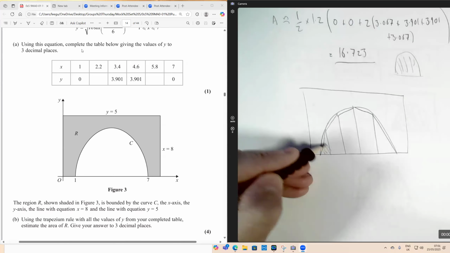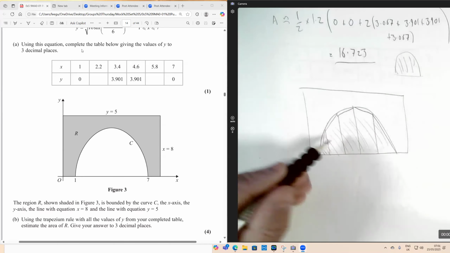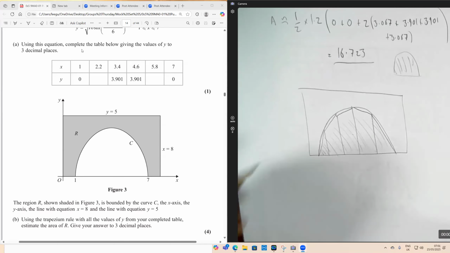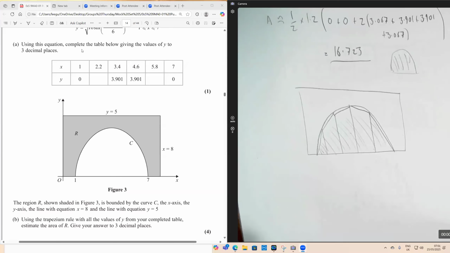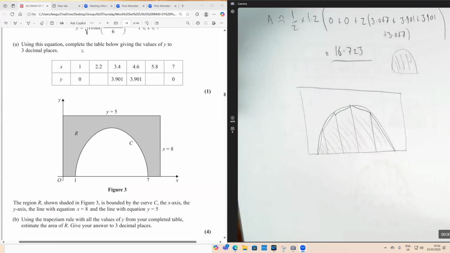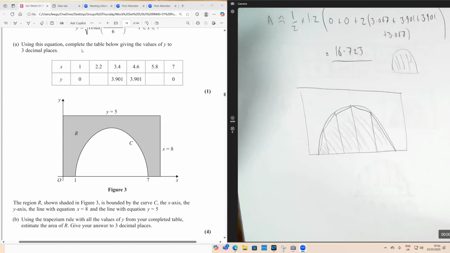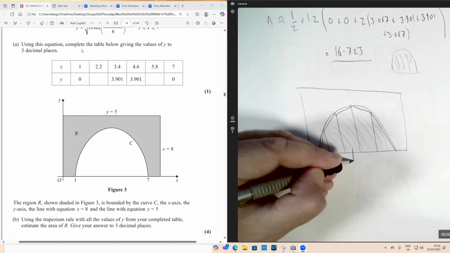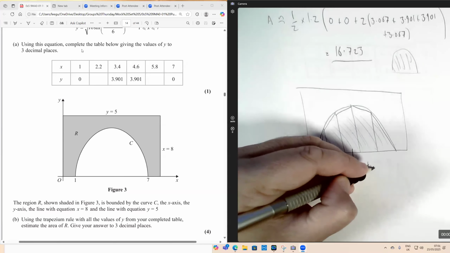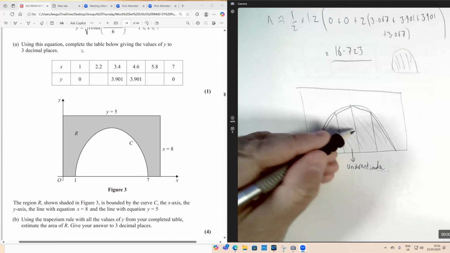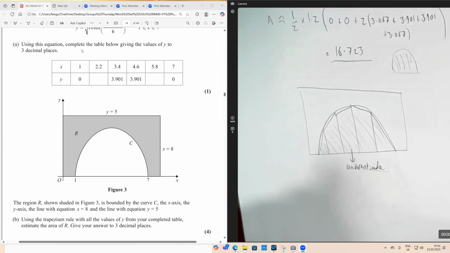So far in the question, this 16.723 is an approximation for this shaded area, and you can see it's just a little bit underneath what it should be, because this shaded area lies underneath the graph. So this is actually an underestimate of the area underneath that curve, and that is because we have a concave curve.